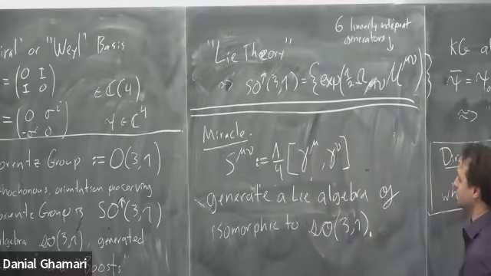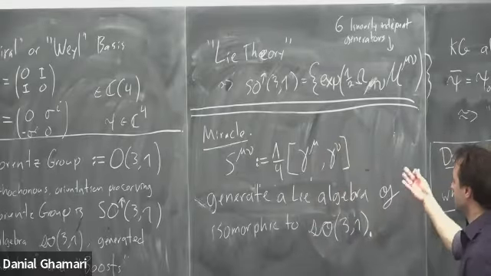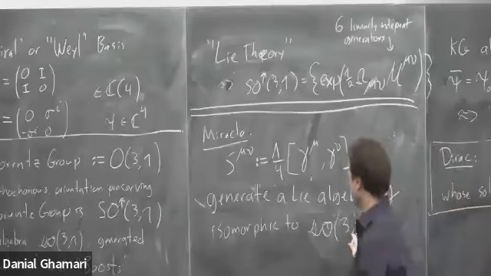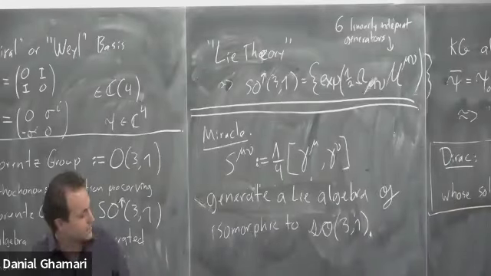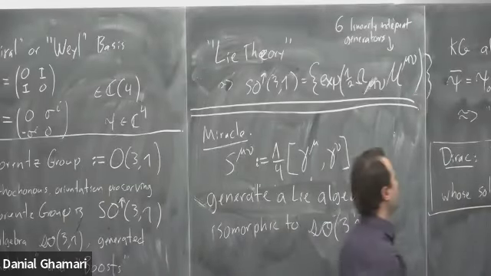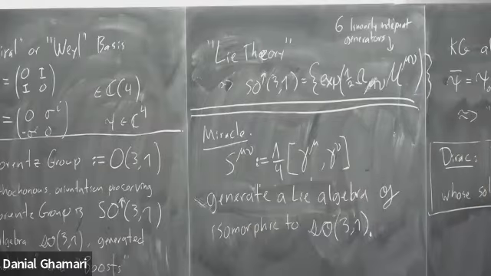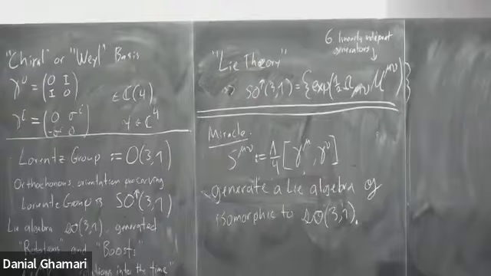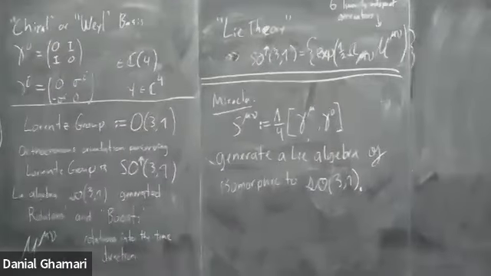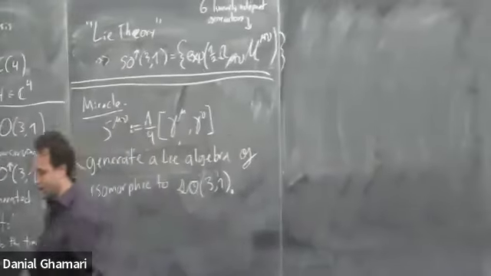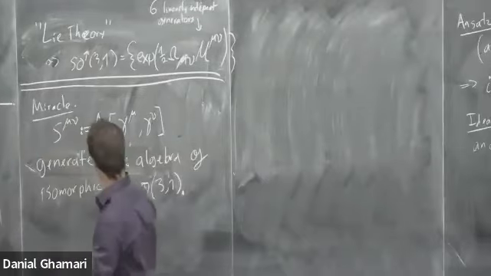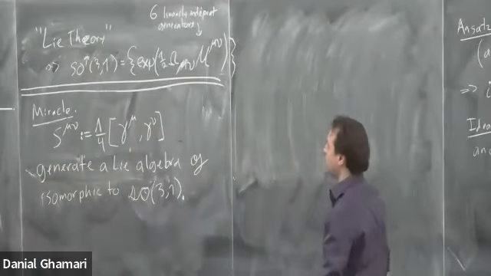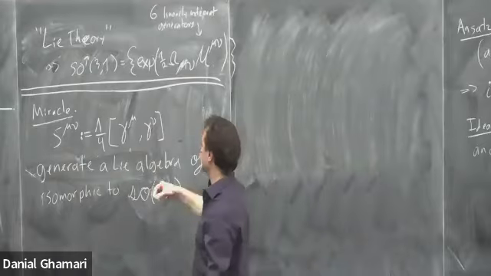Just kind of magically, these turn out to be an algebra isomorphic to the Lie algebra of this group. So living inside our Clifford algebra is a Lie algebra isomorphic to the Lie algebra of our Lorentz group. And so we can try to use this in order to construct a representation of the Lorentz group on whatever it is this Clifford algebra is acting on.